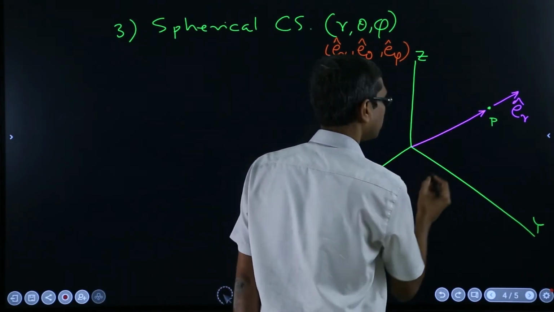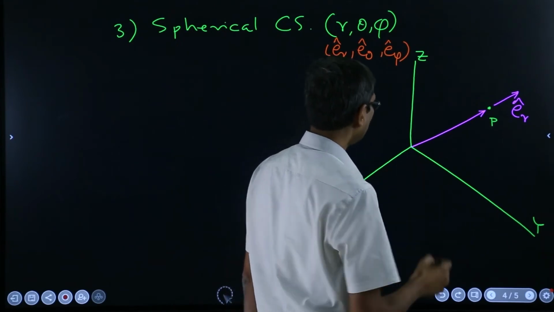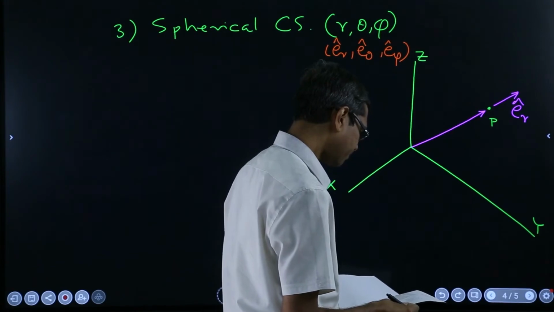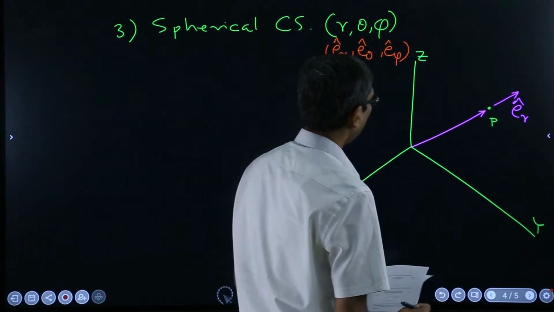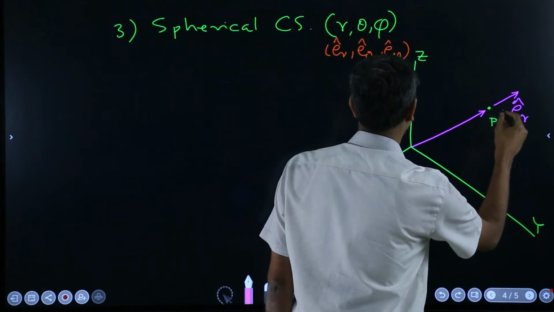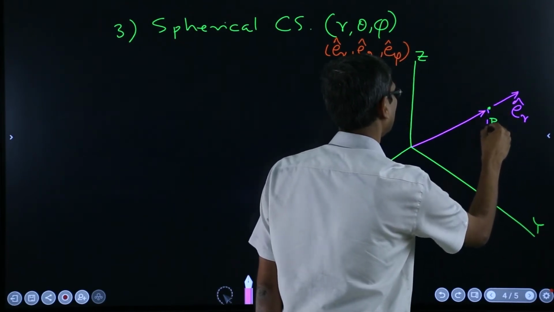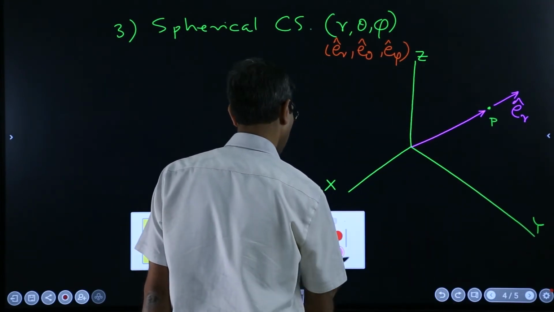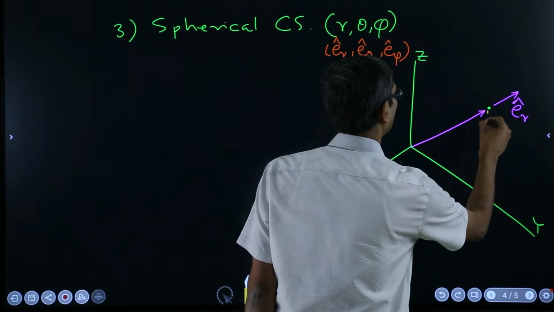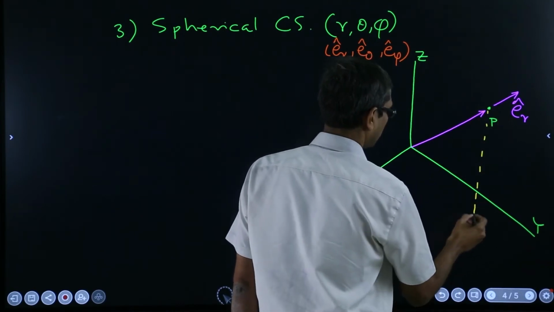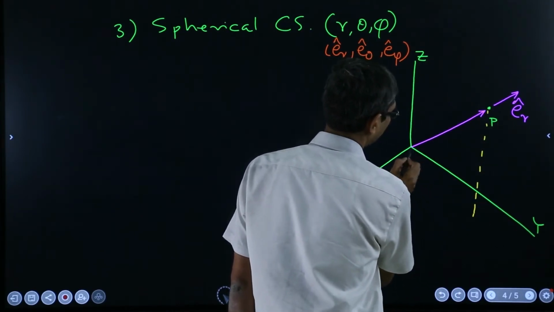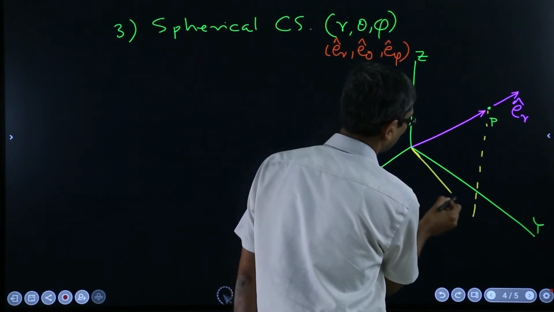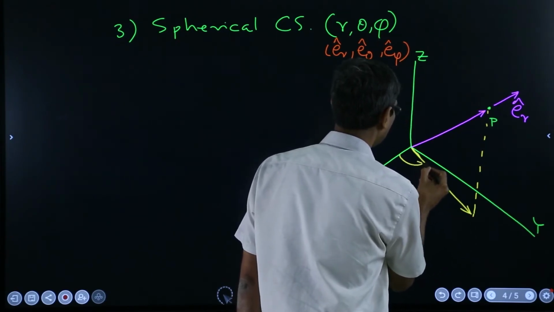And then the angle which this makes with, say, if I draw a perpendicular, so then this angle, now this angle is theta.